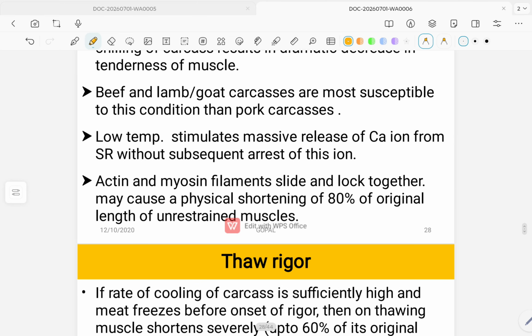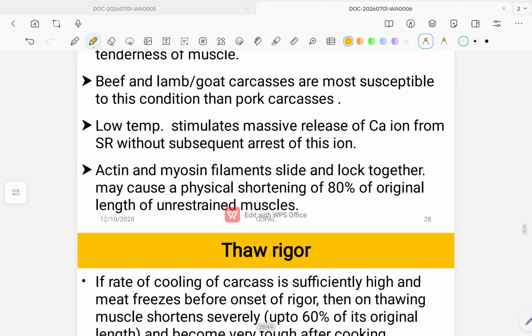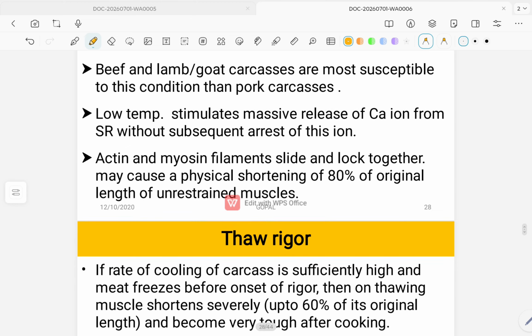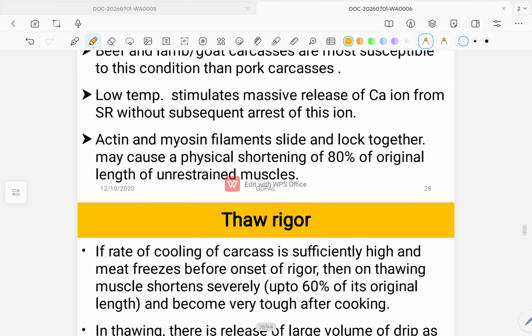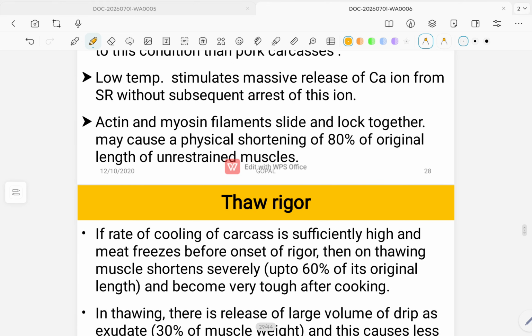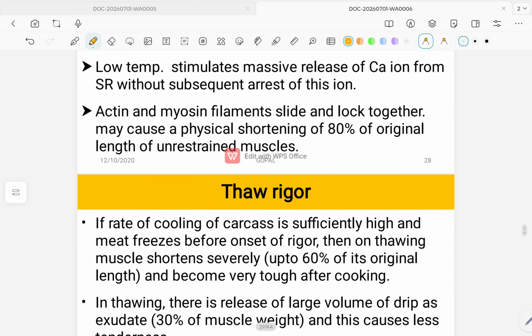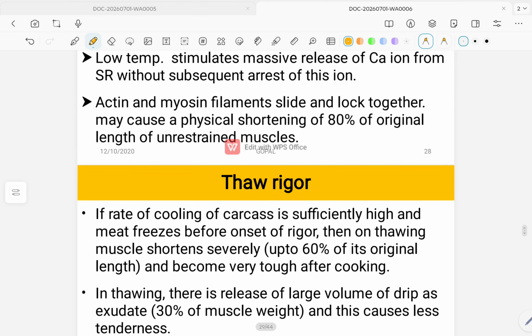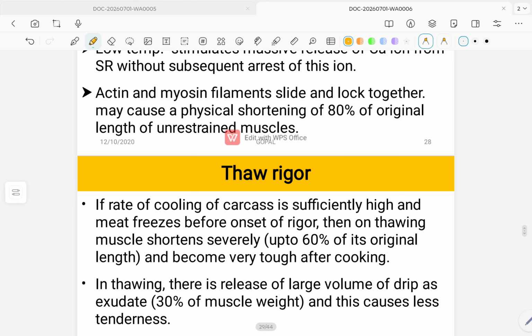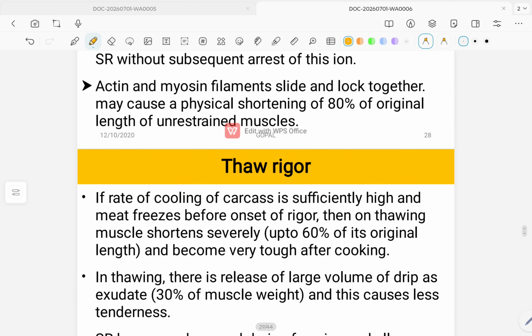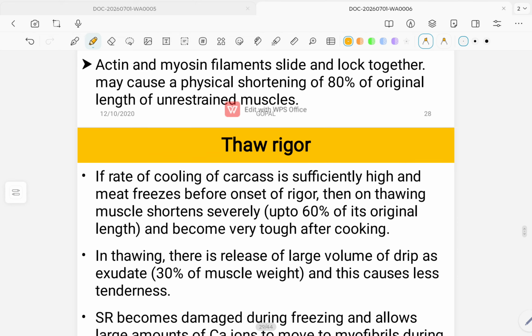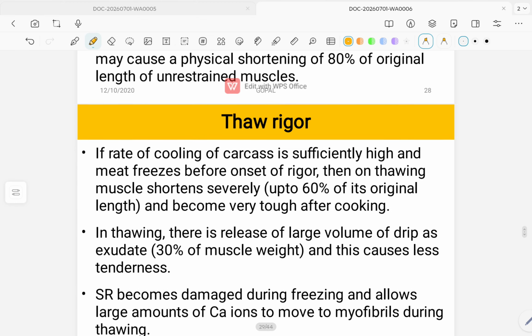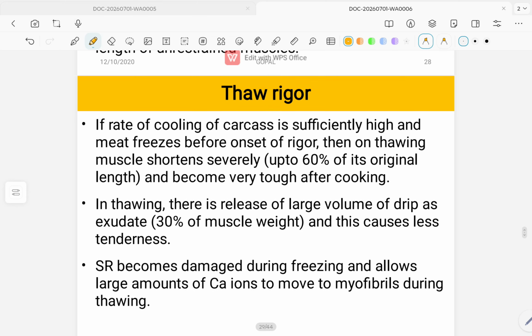Low temperature stimulates massive release of calcium ions from the SR without subsequent reuptake of these ions. Actin and myosin filaments slide and lock together, which may cause a physical shortening of up to 80% of the original length of unrestrained muscles. The third is thaw rigor.